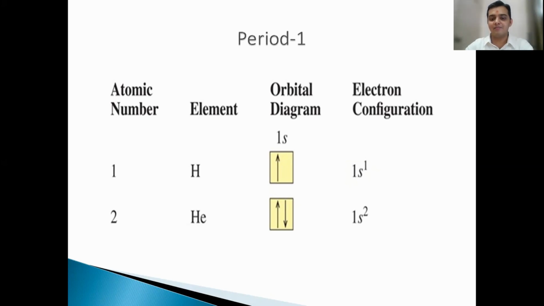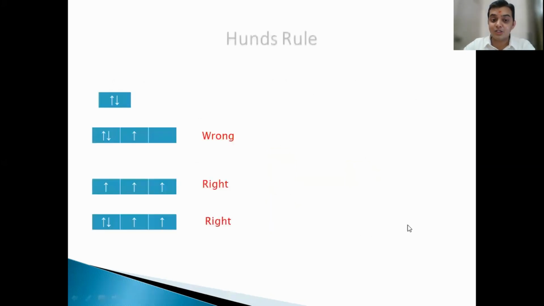So let's begin. Before I tell you the next one, let me tell you one more rule. Whenever you are filling electrons in a p orbital or d orbital or f orbital, you are not allowed to first pair up and then go to the next box. What you need to do is first allow each and every electron to go singly into each box.